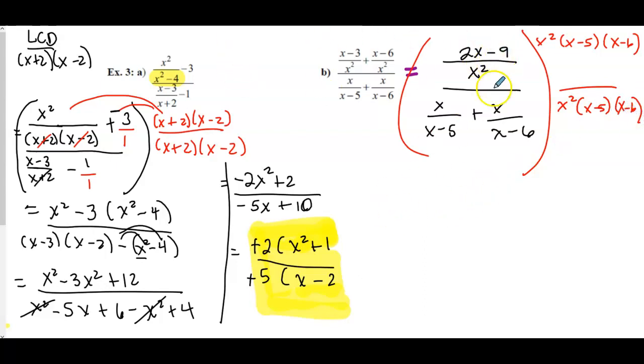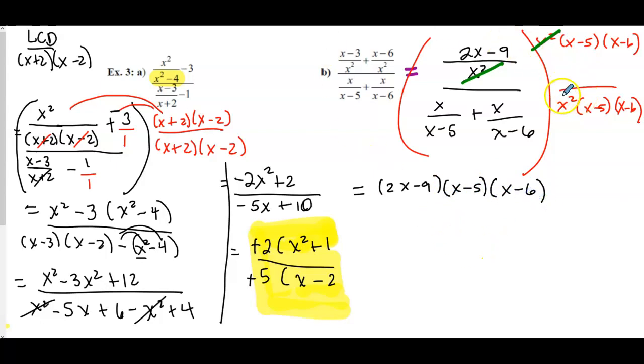Looking at the top part of the complex fraction, you can see that the x squared is going to cancel with this x squared, leaving me 2x subtract 9, x subtract 5, and x subtract 6. And this will be all multiplication. So 2x subtract 9, x subtract 5, and x subtract 6.